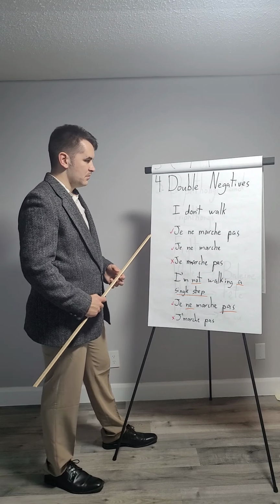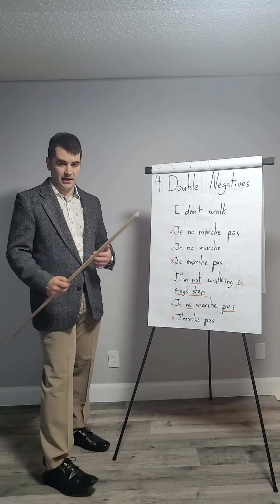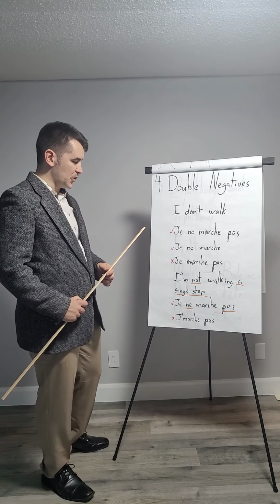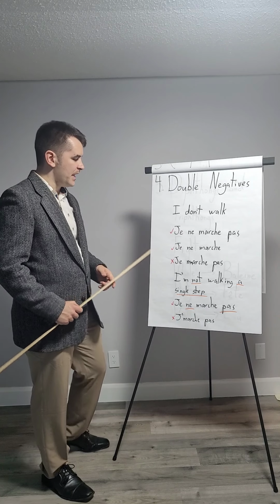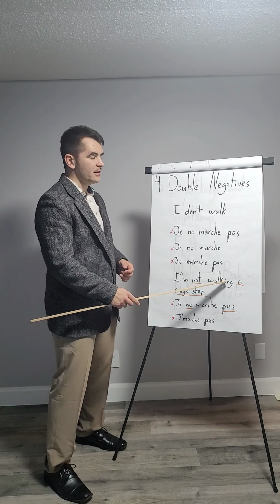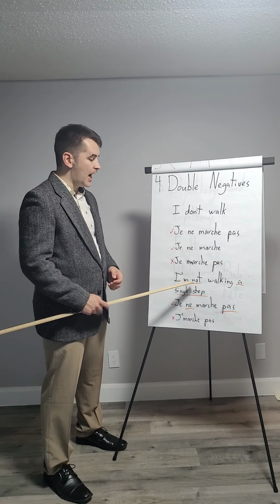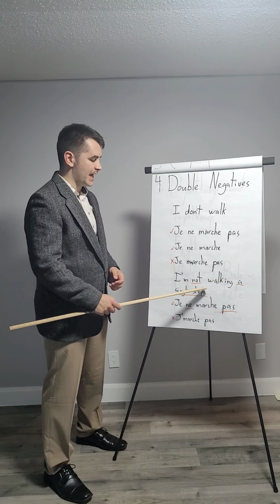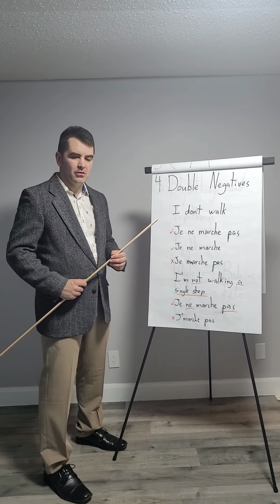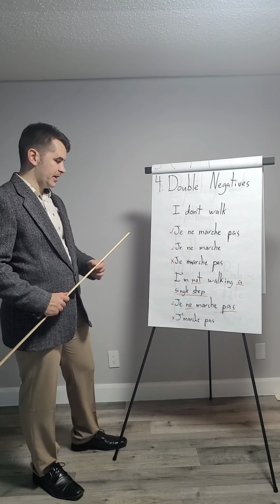And I think it's normal for a person to ask why that is the case and how that transformed over time. So think of it this way. If you had a sentence saying, I'm not walking, and you wanted to add emphasis, you could say, I'm not walking a single step. So a single step is a way to add emphasis in English for this specific example.